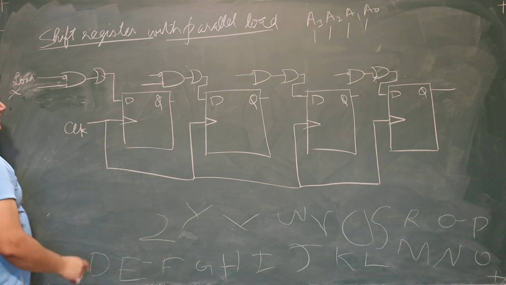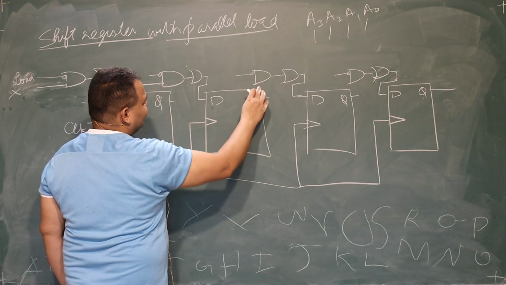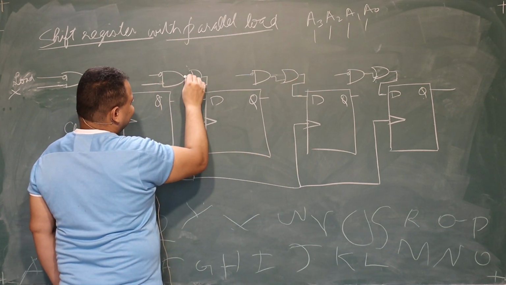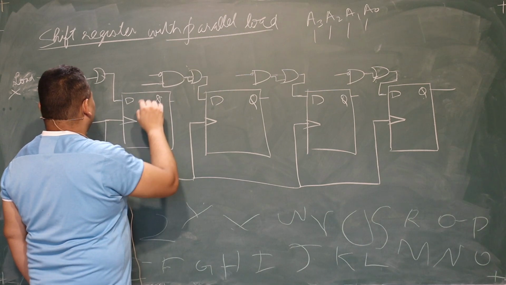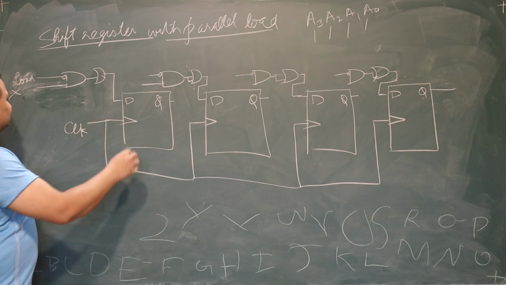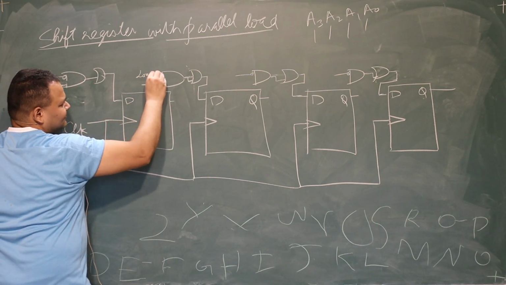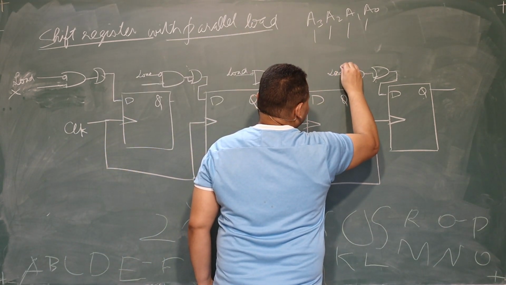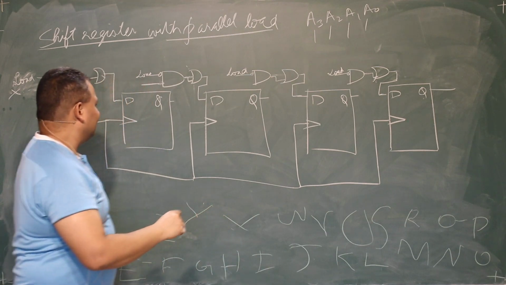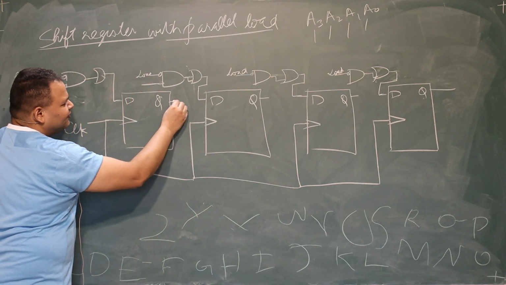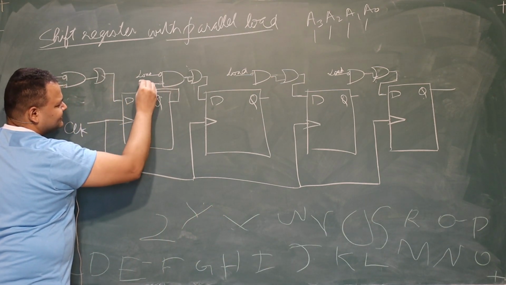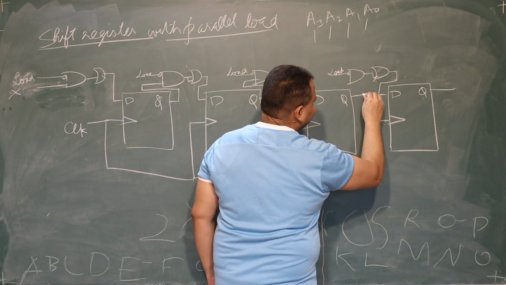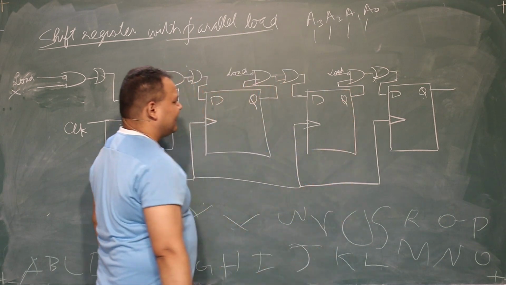What will I put here? What will be the second input of this AND gate? So this is load. The second input will be the Q output, right?